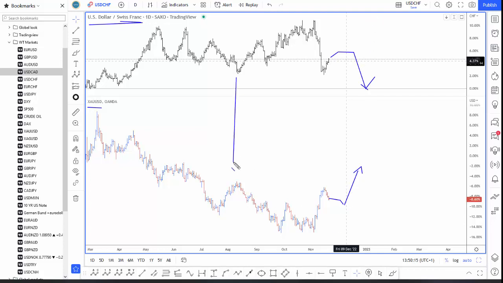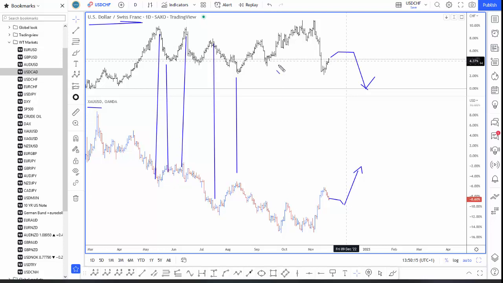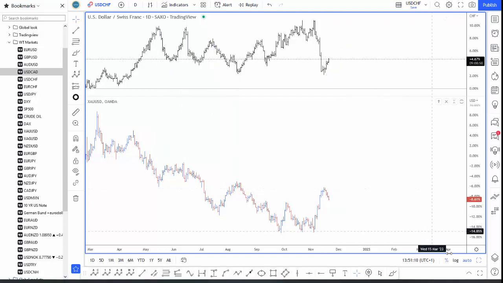You can clearly see that there were very timely reversals on those markets. So in my opinion, because of a very clear, very strong pattern that we recognize on dollar Swiss, I think that gold may continue lower after the 3-wave rally is completed on dollar versus Swiss franc.